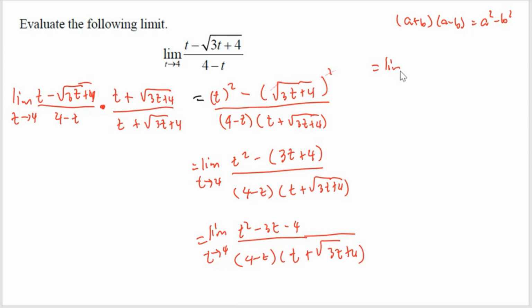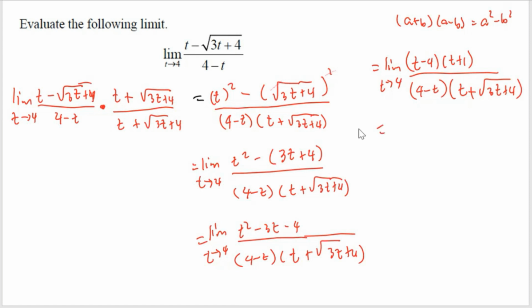We have the limit of, so the factor of t squared minus 3t minus 4 is equal to t minus 4 times t plus 1, all over. I'm just going to copy the denominator. We have 4 minus t times t plus the square root of 3t plus 4 as t approaches 4.